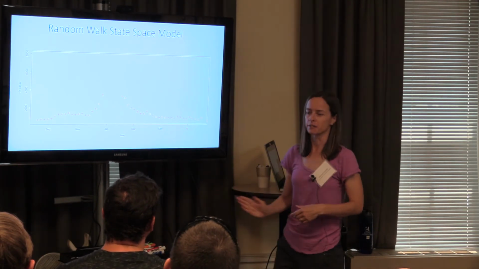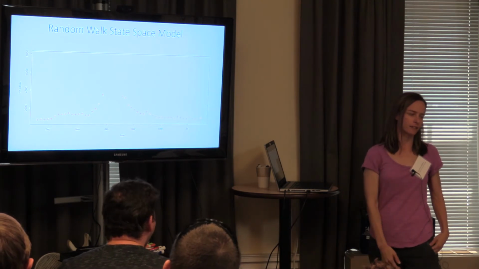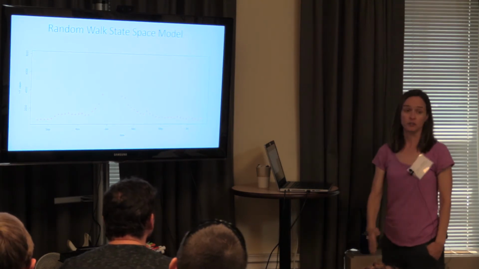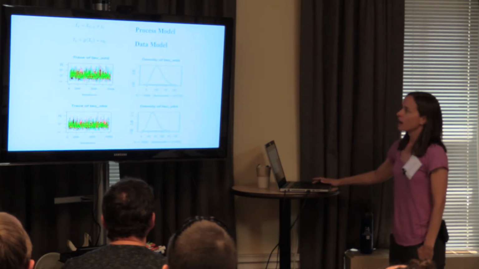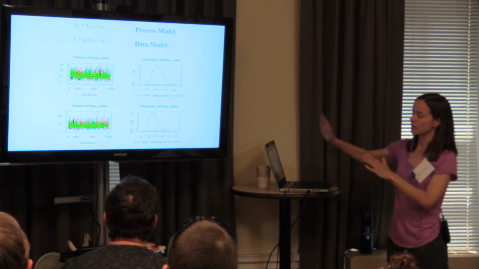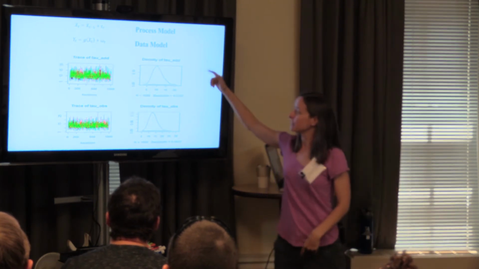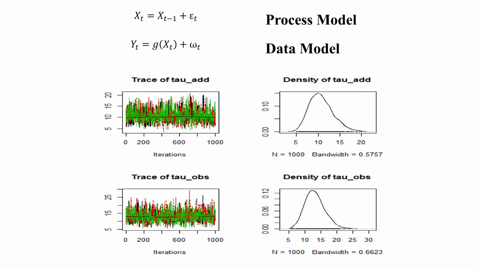So these are non-independent cases, and obviously we're not going to fit a line through these data and do anything useful. So, state space approach. I ran the state space model on that, the random walk. In this case, it did a pretty decent job coming up with converged process and observation error. There's a lot of data here.